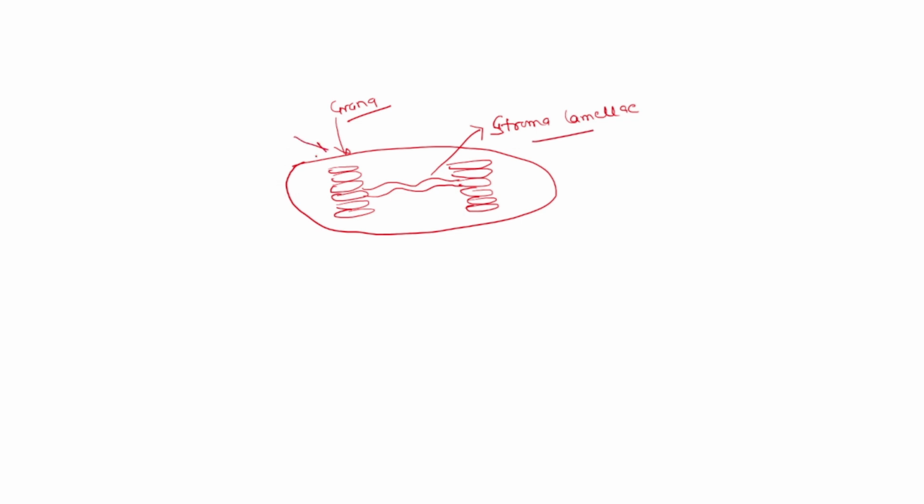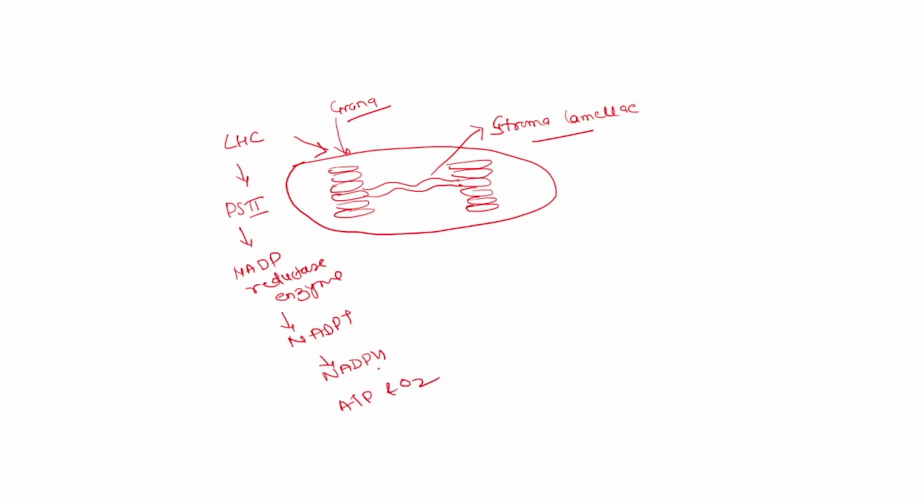As we know, grana is the main light harvesting complex, and PS2 is placed here. Presence of PS2 means presence of NADP reductase enzyme. That means reduction of NADP+ to NADPH, apart from formation of ATP and O2 as byproduct.